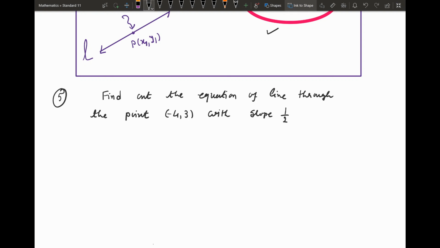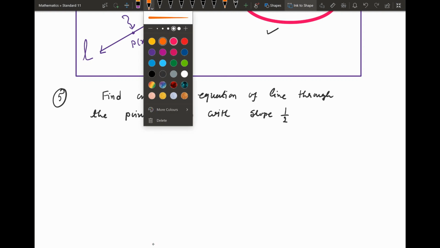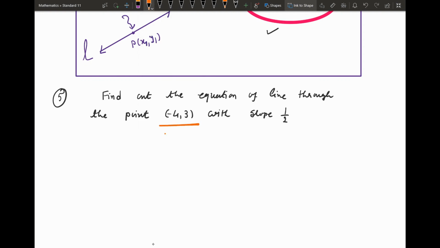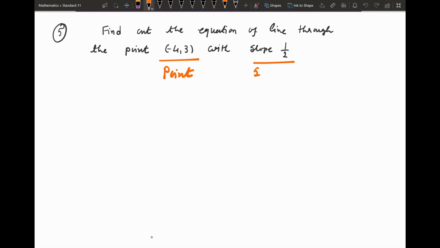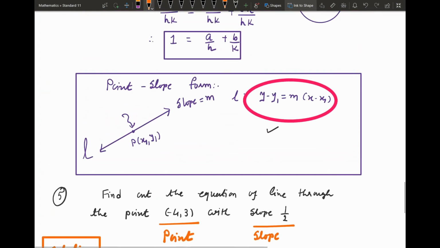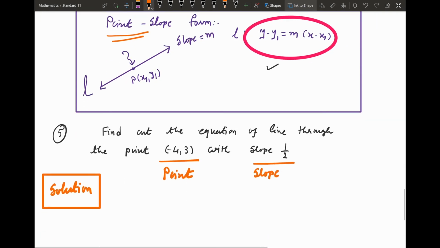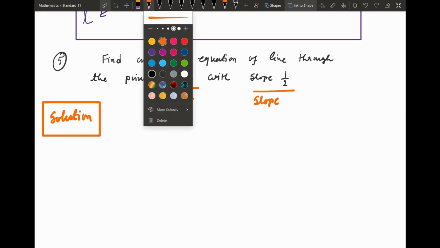So you can observe here the point is given and the slope is given. So to find the Cartesian equation, we will use point slope form. So let us find the Cartesian equation.